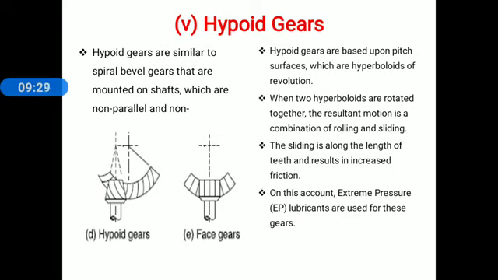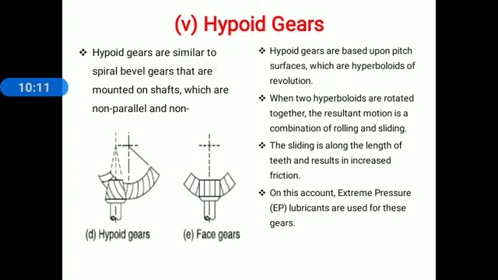Again, observe the sketch that is shown on the screen. Sketch D for hypoid gears. Hypoid gears are similar to spiral bevel gears that are mounted on shafts which are non-parallel and non-intersecting. That is shown in figure D. Hypoid gears are based upon pitch surfaces which are hyperboloids of revolution.